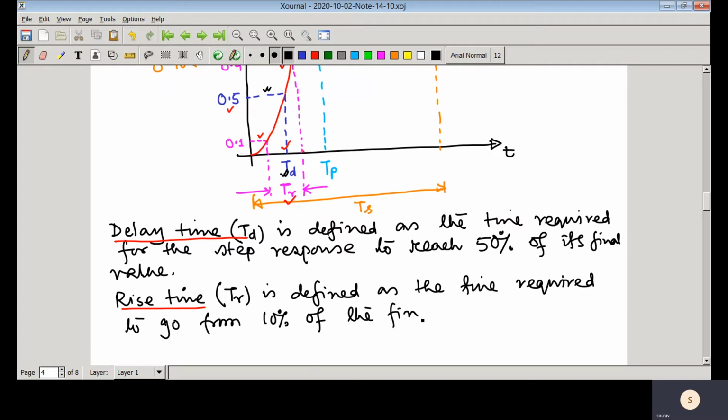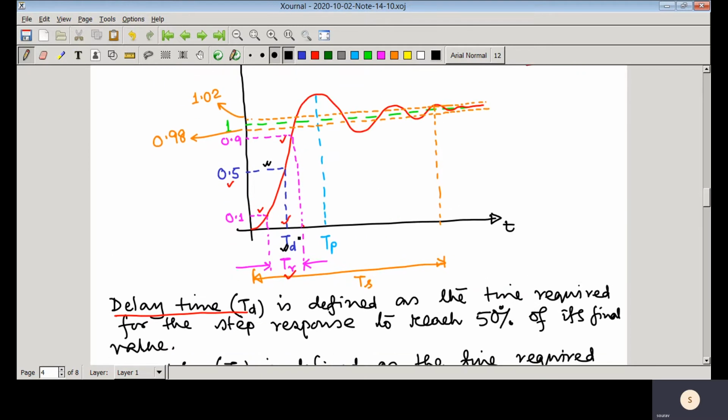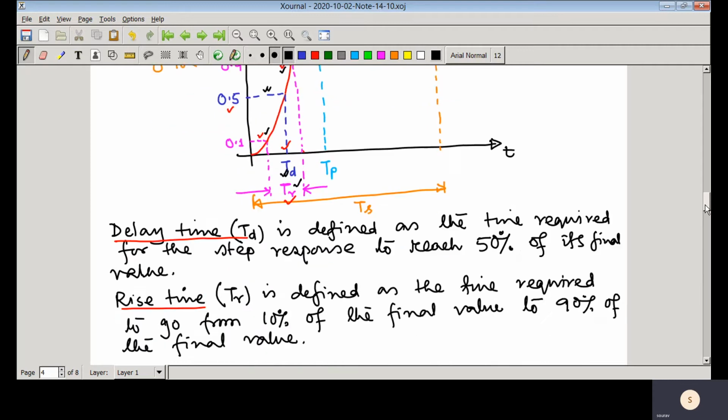So here the final value is 1, so 10% of the final value means 0.1, to 90% of the final value. So this is called the rise time. From this figure it is clear that this TR, that is the rise time, means the time required to go from 10% to 90% of the final value.